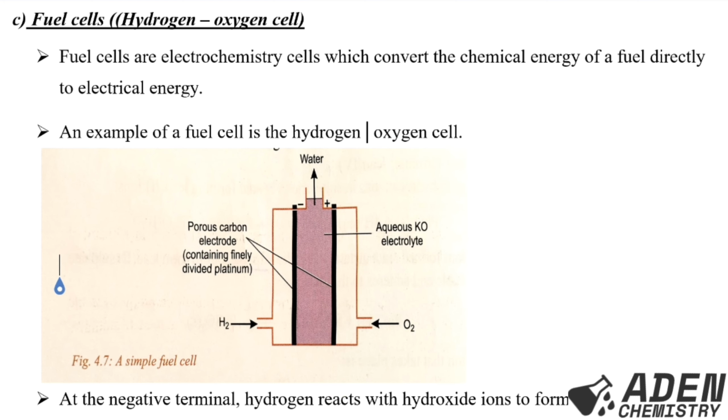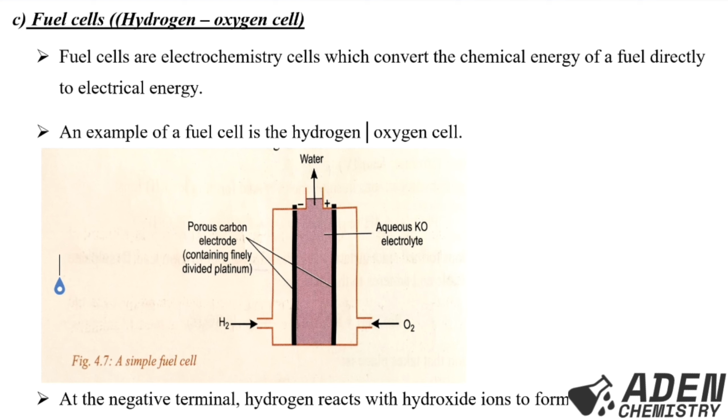The hydrogen-oxygen cell involves the passing of hydrogen and also oxygen into a potassium hydroxide electrolyte. When we were dealing with primary cells, we had a mixture of zinc chloride and ammonium chloride acting as our electrolyte. With secondary cells or wet cells or accumulators, we had concentrated sulfuric acid acting as our electrolyte.